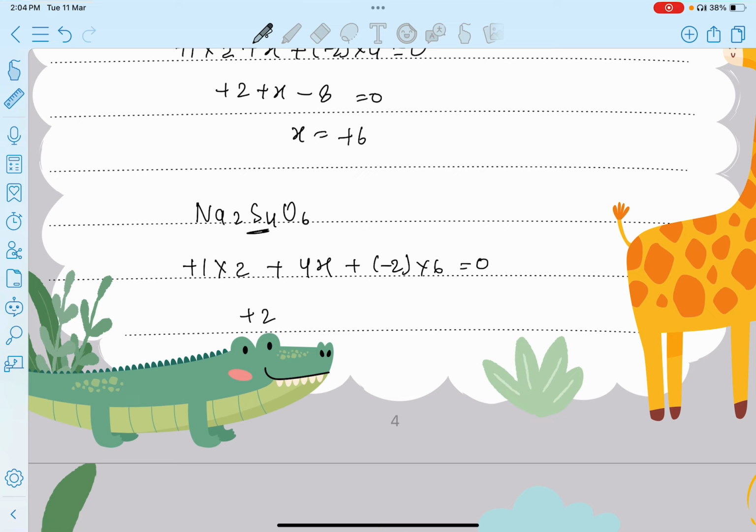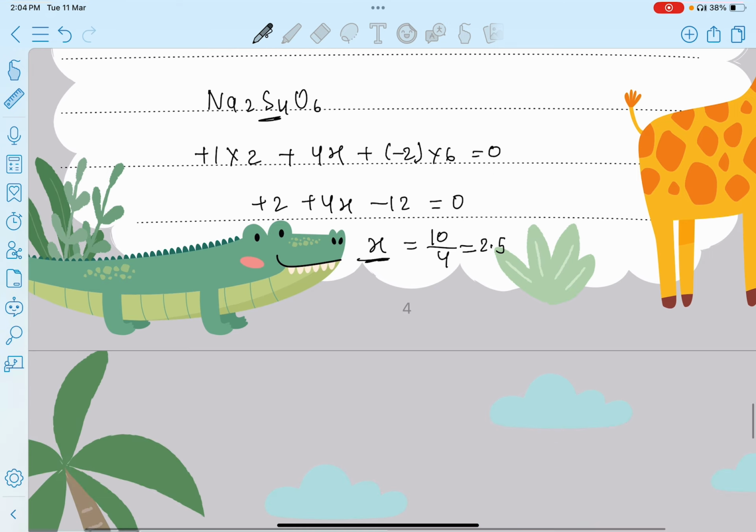Plus 2 plus 4x minus 12 is equal to 0. x is equal to 10 by 4, which is 2.5. So the average oxidation state of one sulfur is 2.5. Okay, clear?